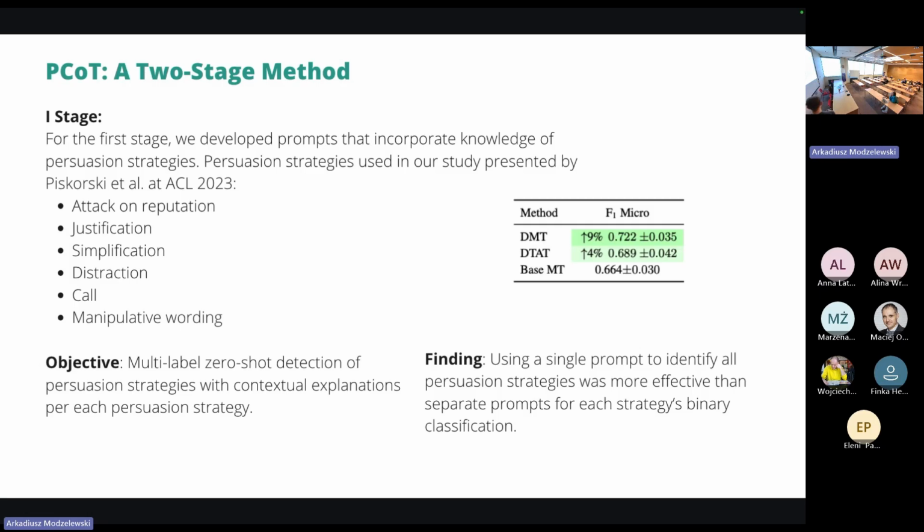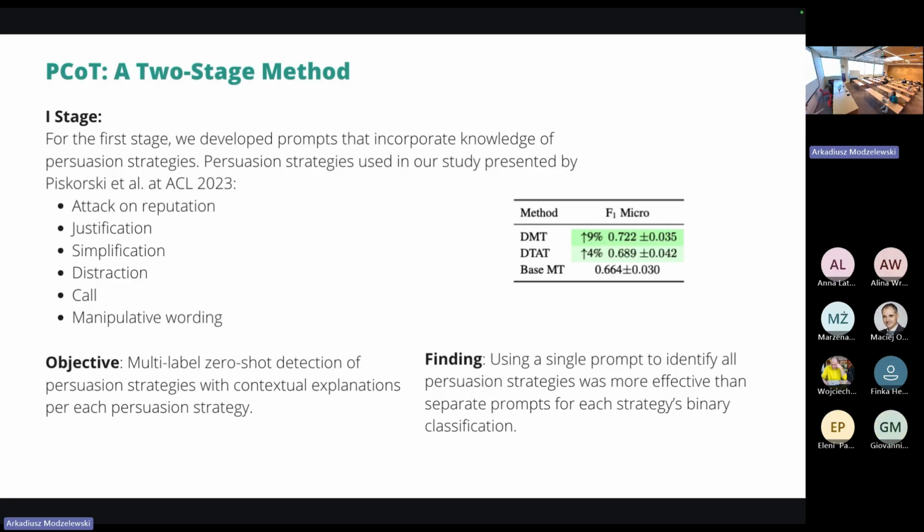This taxonomy includes 6 different high-level groups of persuasion. I call them also persuasion strategies. And these are attack on reputation, justification, simplification, distraction, call, manipulative wording.